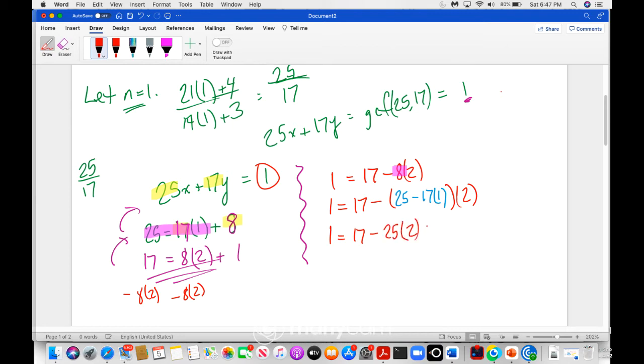This is going to be positive 2 17s. And then if I have 1 17 plus 2 17s, this gets me this.